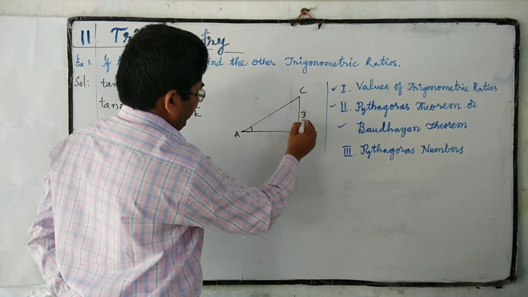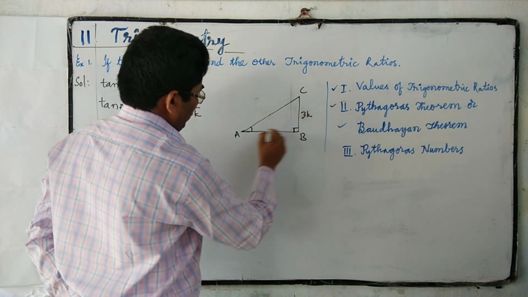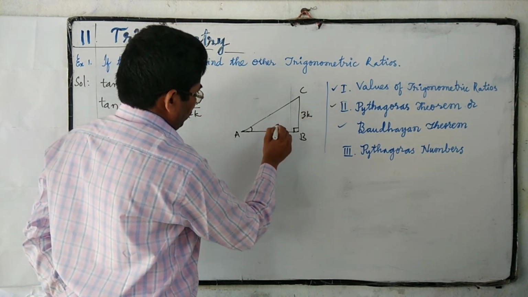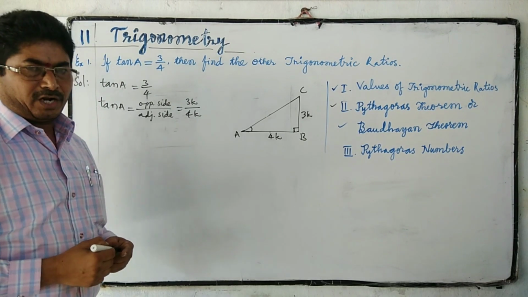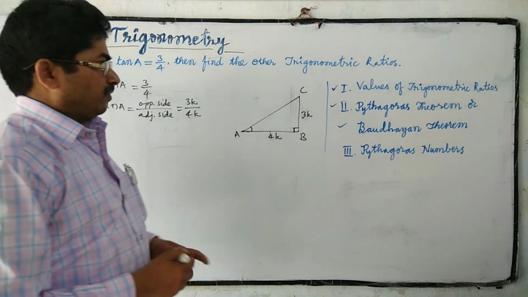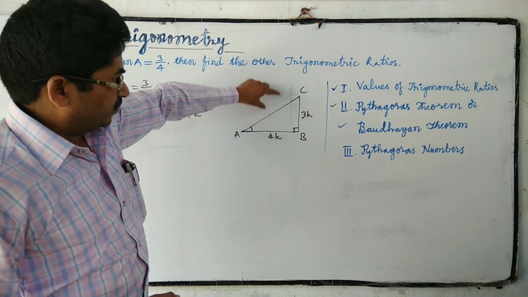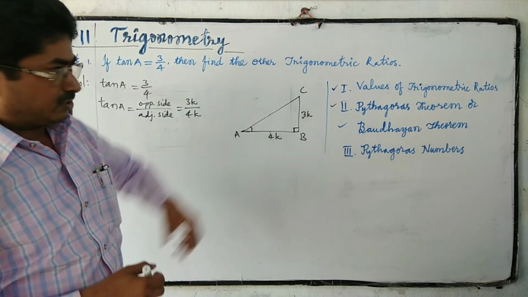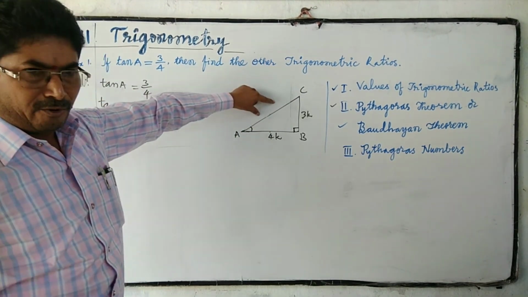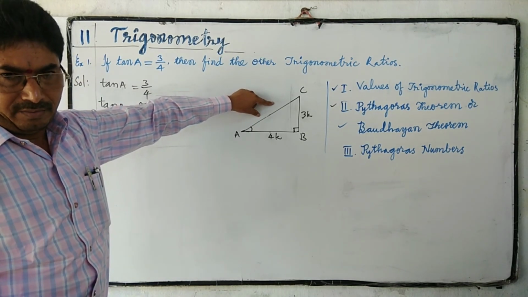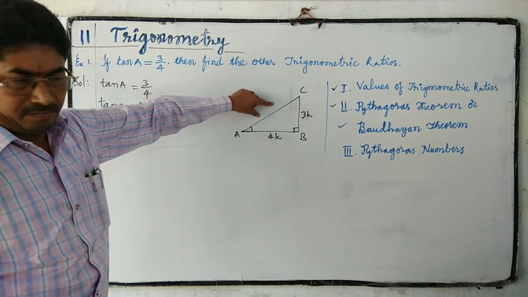This is opposite side 3k, adjacent side 4k. To find all those trigonometric ratios, we must need the hypotenuse. So that's why we first find the hypotenuse. How to find this hypotenuse? Based on the Pythagoras theorem.